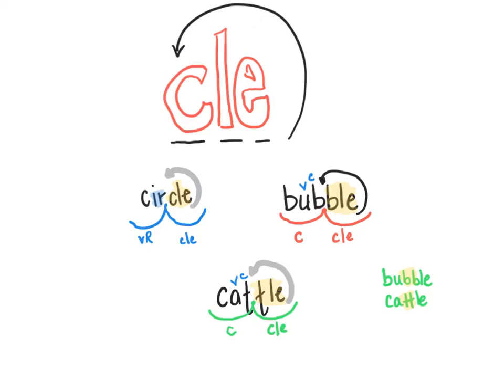That is because, like I said, BLE is its own syllable, and we still have to have a short vowel in our first syllable, else it would be bugle. As far as I know, I can't blow any bugles, but I can blow a bubble. So we have to have that B in order to make this U short.